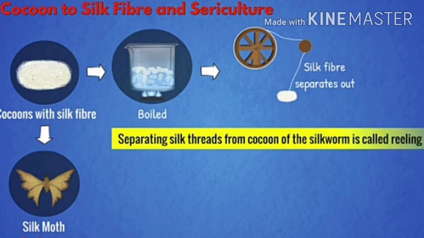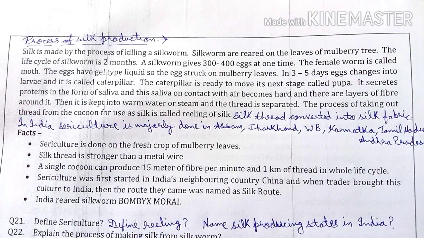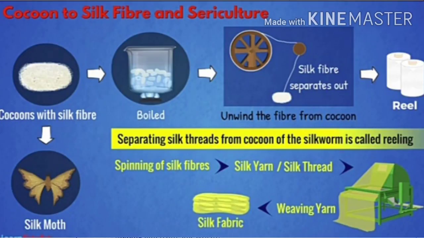Then it is kept in warm water or steam and the thread is separated. Means after the pupa stage, when there is a covering of fiber on their body, these are taken by the silkworm rearing farmers from the mulberry leaves and kept in warm water or steam.